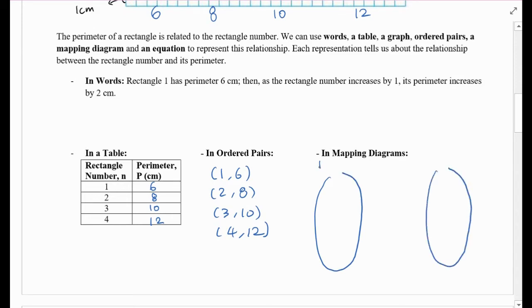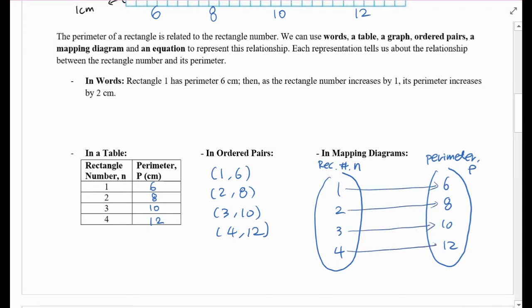This is rectangle number n, and this is perimeter P. So here 1, 2, 3, 4, and 6, 8, 10, 12. 1 goes to 6, 2 goes to 8, 3 goes to 10, 4 goes to 12. So this is a mapping diagram.